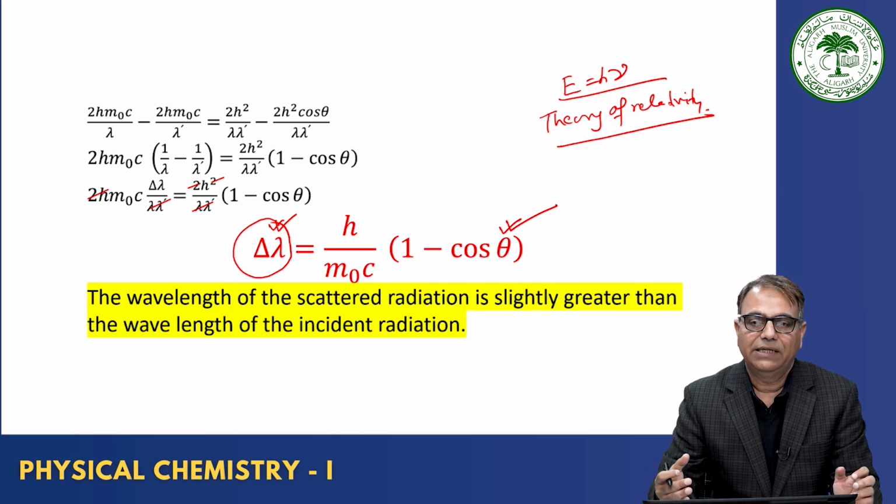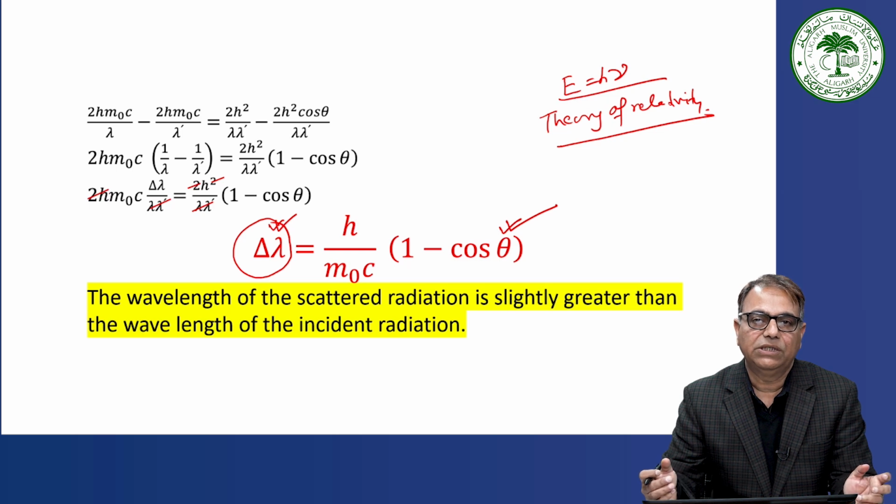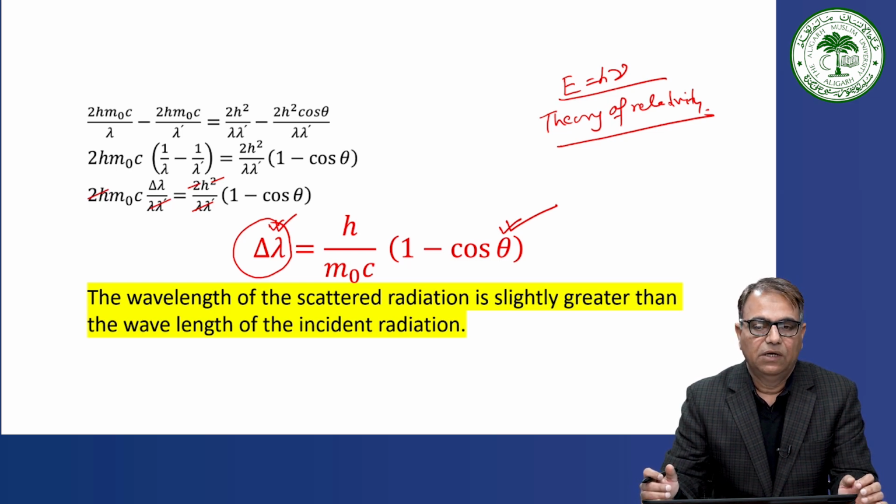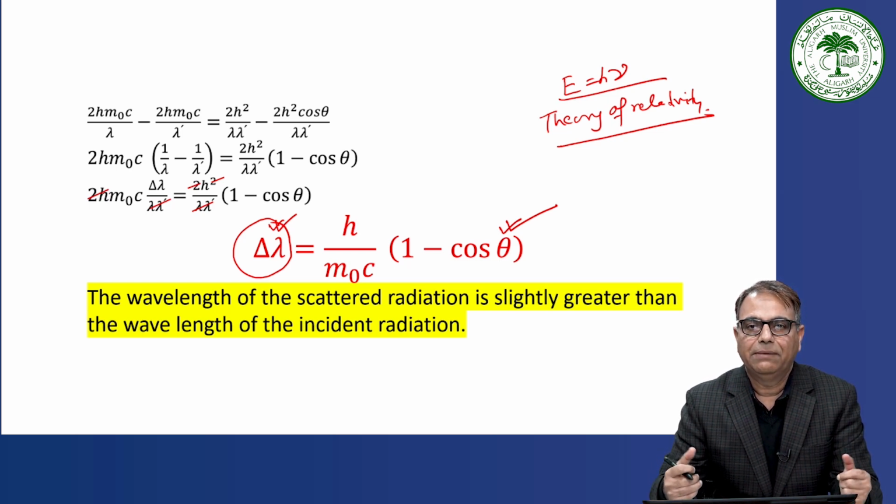And then in 1923 this Compton shift was also explained using E equal to hν. That was purely a hypothesis given by Planck for dealing with black body radiation. So gradually we see that each of the experimental observations we have talked about is being explained using Planck's hypothesis.